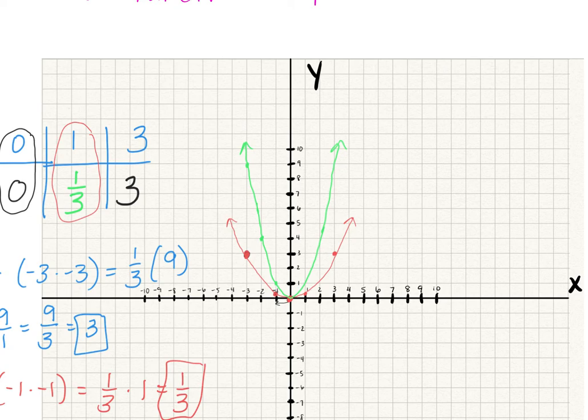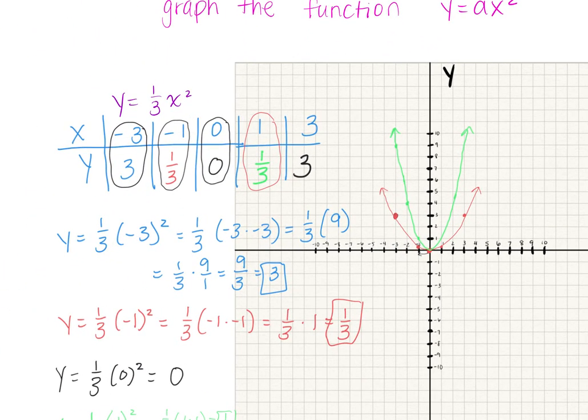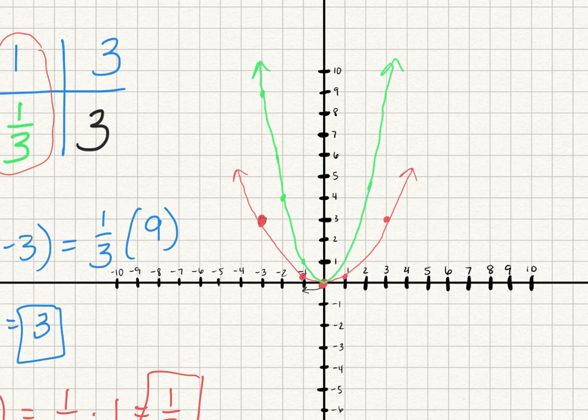Because they're both at the vertex 0, 0, but look. This one was y equals 1/3 x squared. How does that compare to the regular y equals x squared, the green one? What's different about them?